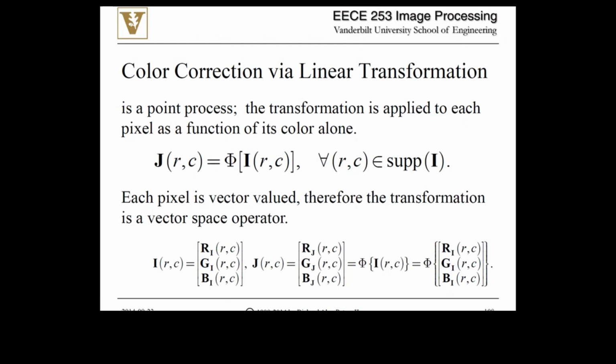We saw a technique to do that, histogram matching, but we may use another technique. Let's say that you have some red, green, blue values at a particular location, and you want to look for a transformation that transforms those RGB values into something different. That will be the RGB, but now of the image J.